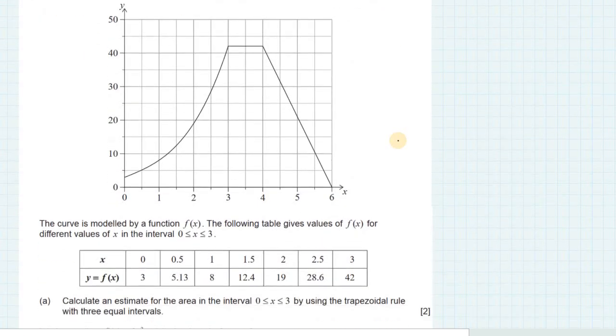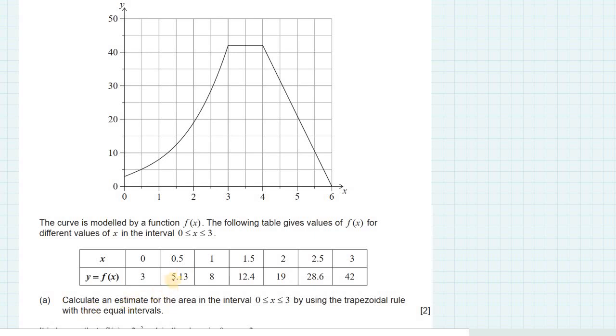In the first question, we have to estimate the area of the interval using the trapezoidal rule. Now, what is the trapezoidal rule? It basically means that you estimate the area as if it is trapezoids.